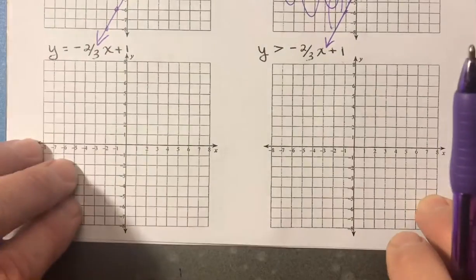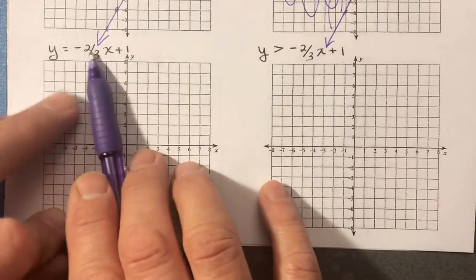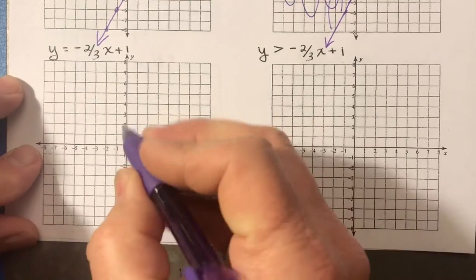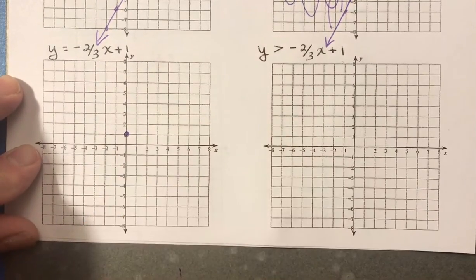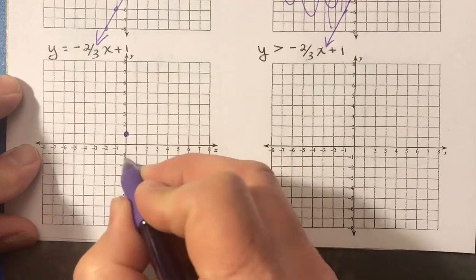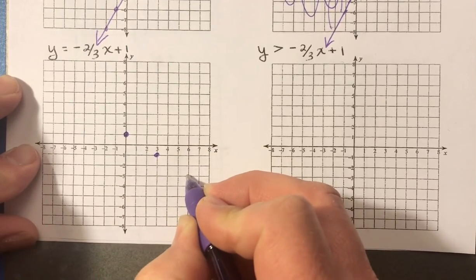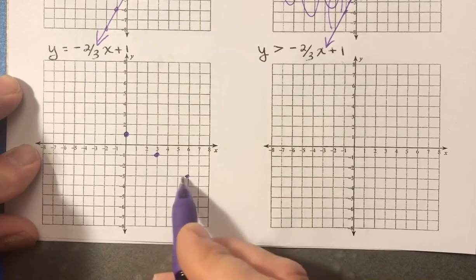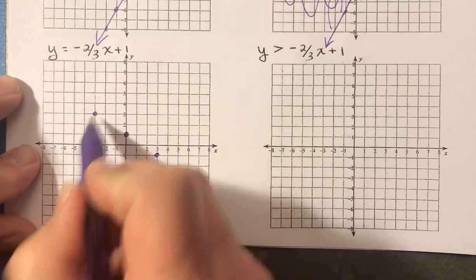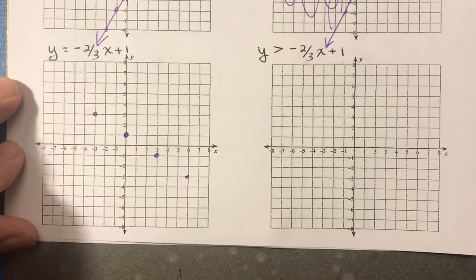Okay, now the next example, we have negative 2/3 x plus 1. Okay, so my intercept is 1, and I'm going to go down 2, right 3, down 2, right 3, like this. And it says y is equal to.